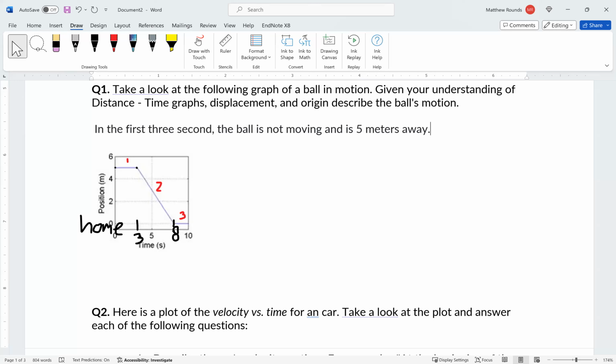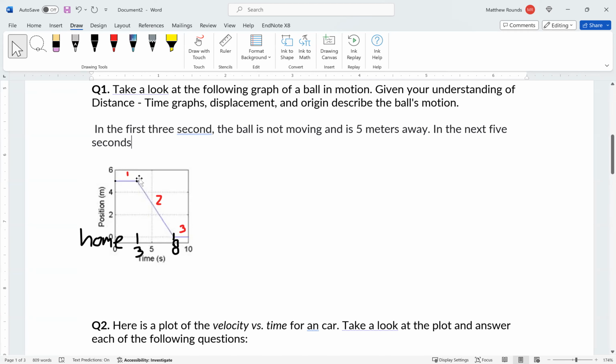Okay. Now you've got to tell me what's going on in the next 5 seconds. From this dot up here to down here, what happens to the ball? We know where it starts, it's 5 meters away, but where does it end? What's the Y value here? It's 0.